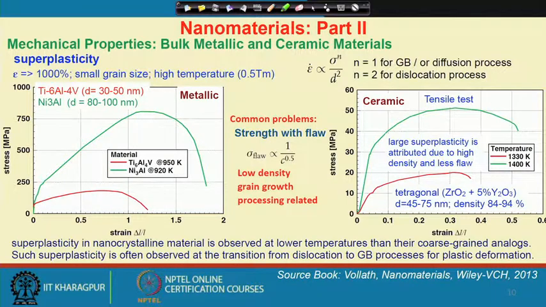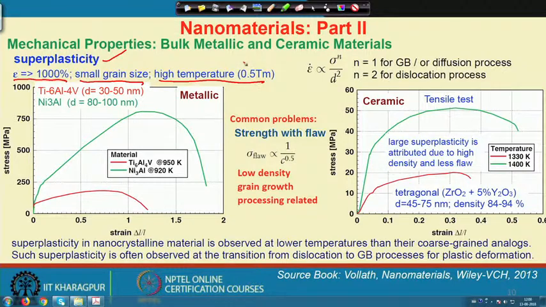Now, the last part of these mechanical properties is superplasticity. What do we mean by superplasticity? It is basically a strain greater than 100%, a smaller grain size is preferred, and it occurs at a higher temperature, above 0.5 of the melting temperature.